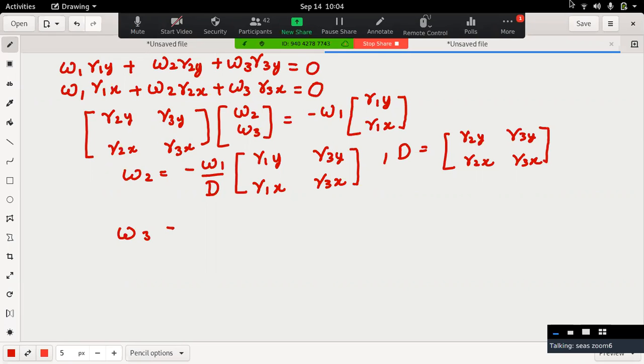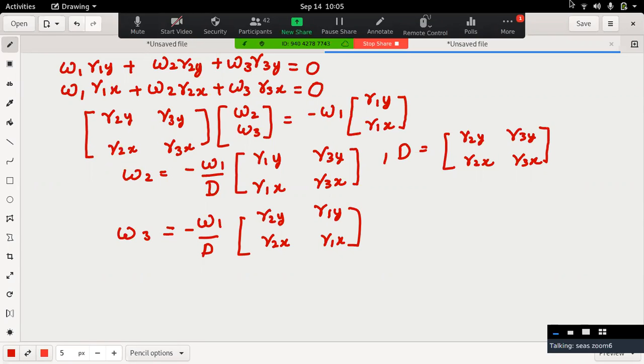And omega 3 can also be written similarly, omega 1 by D, and then the matrix will have R2y, R2x remaining the same, and this column will be changed by R1y, R1x. So in this manner, we can determine omega 2 and omega 3.